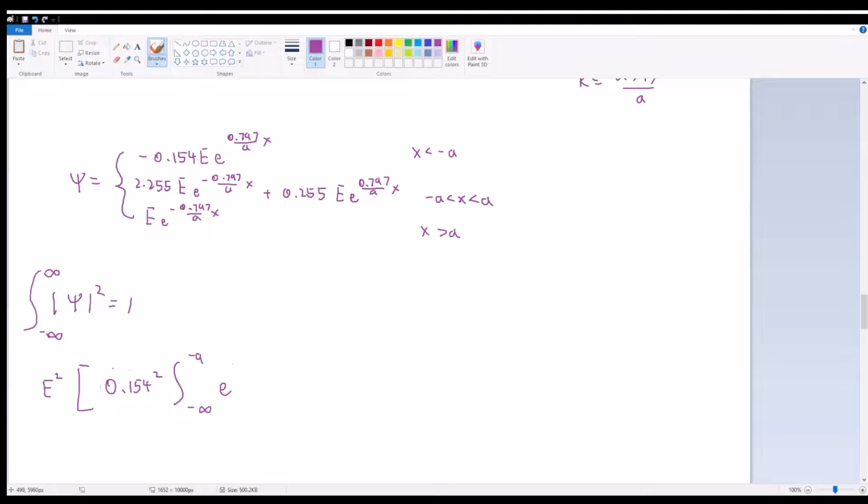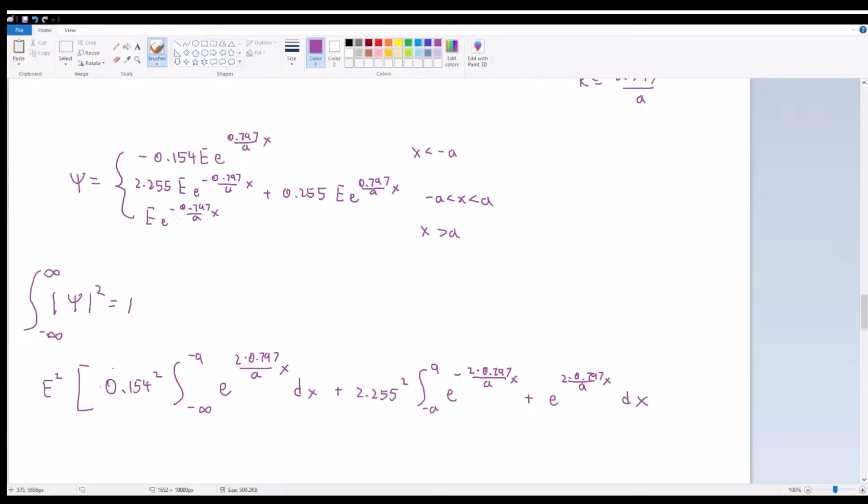I'm going to write this as e squared multiplied by 0.154 squared, integral from negative infinity to negative a of e to the 2 times 0.797 divided by a times x dx, plus 2.255 squared, integral from negative a to positive a of e to the negative 2 times 0.797 divided by a times x, and then plus e to the 2 times 0.797 divided by a times x dx.